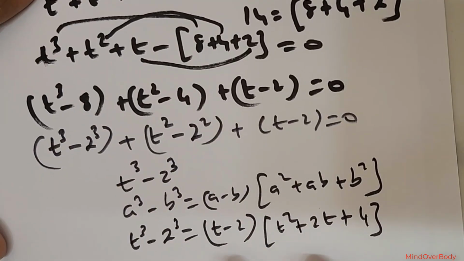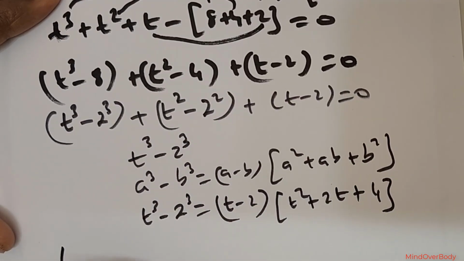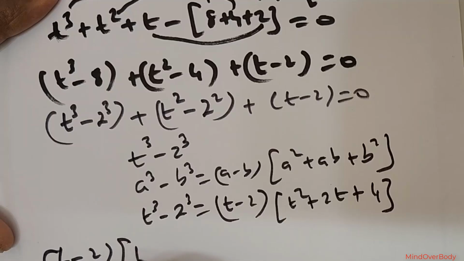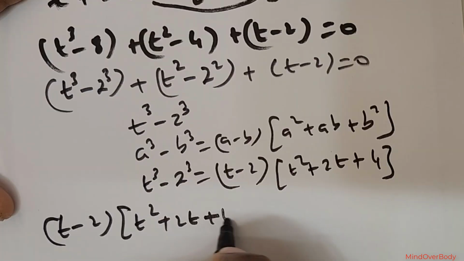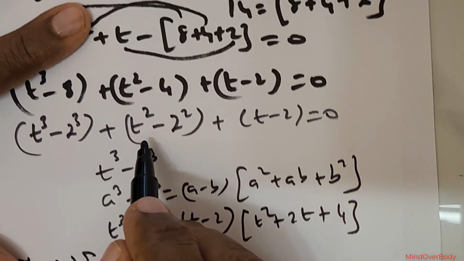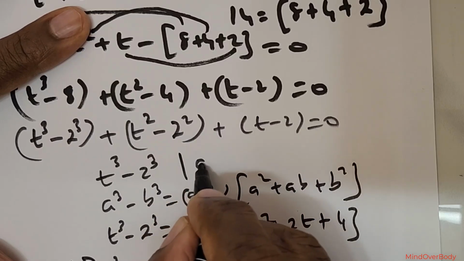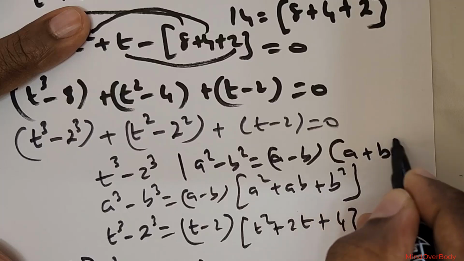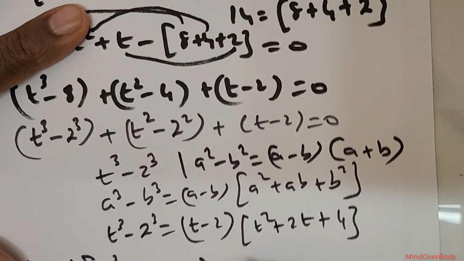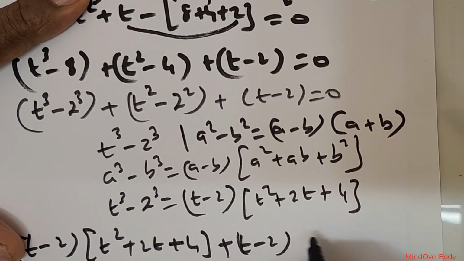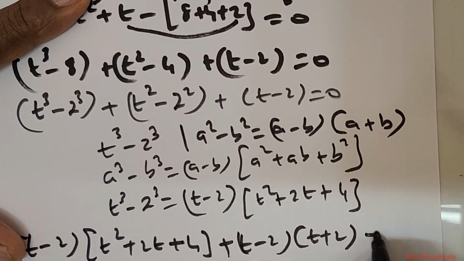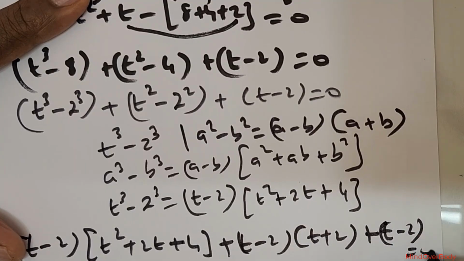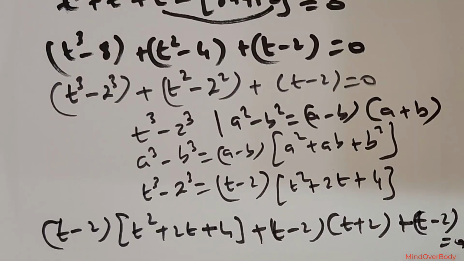So in place of this I would substitute this. So this is (t - 2)(t^2 + 2t + 4) + . Now t^2 - 2^2 is of the form a^2 - b^2, which is going to be (a - b)(a + b). So this is going to be (t - 2)(t + 2) + (t - 2) = 0. So this is what you have got.